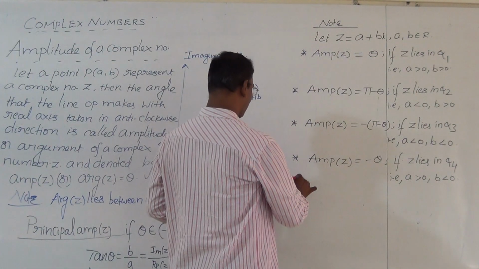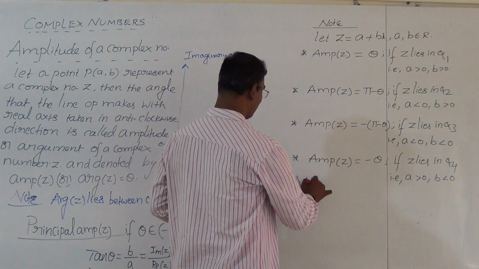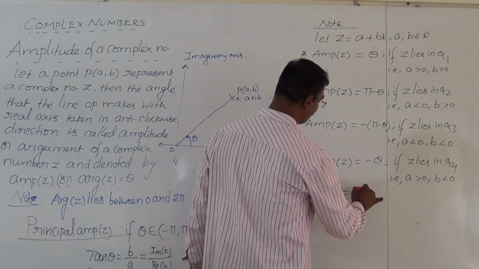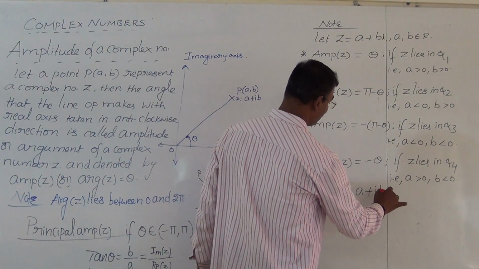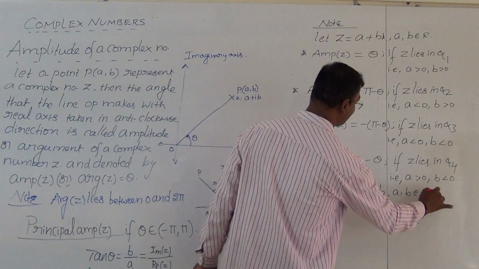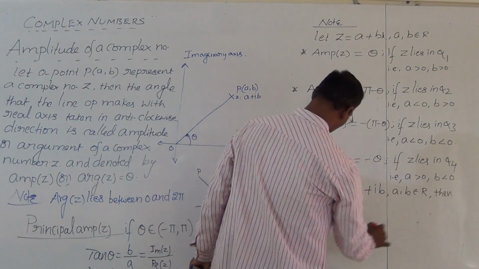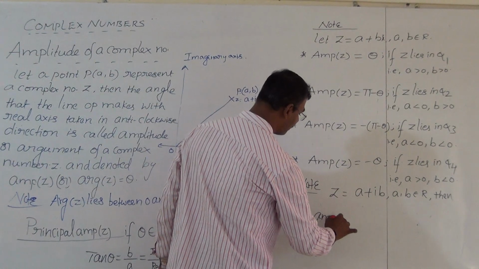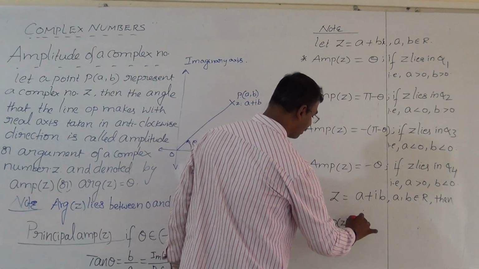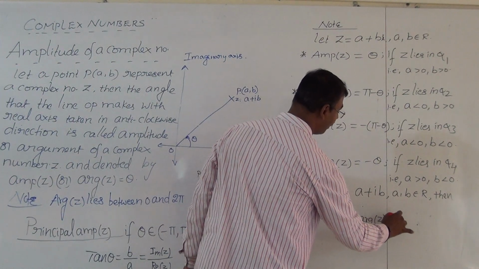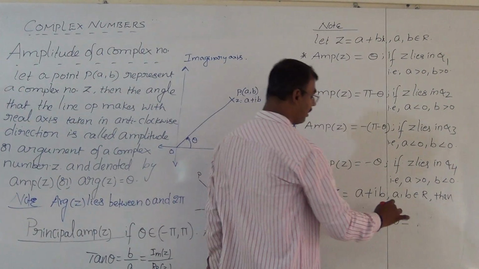Now, what is the amplitude formula, remember? If z is equal to a plus iota b, where a, b are real numbers, then theta, the amplitude of z, also called the argument of z, shortly theta. What is the formula?